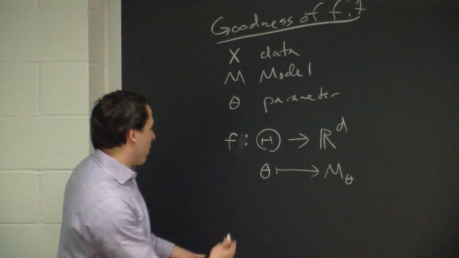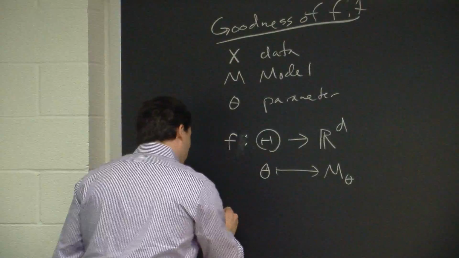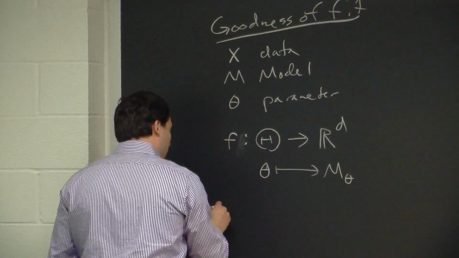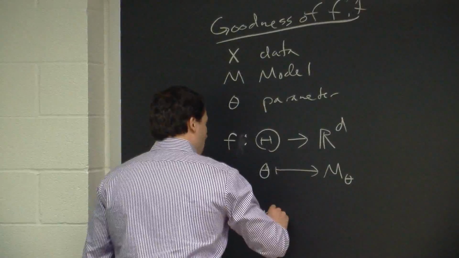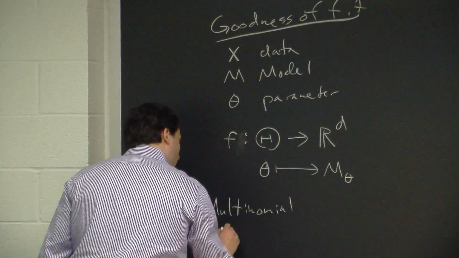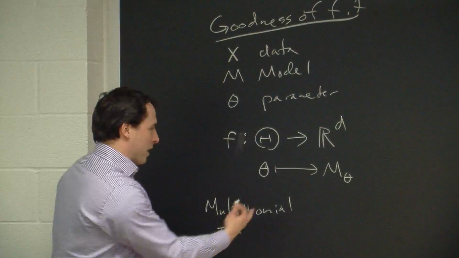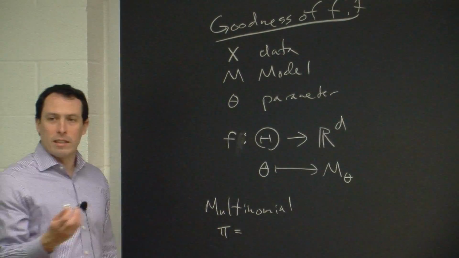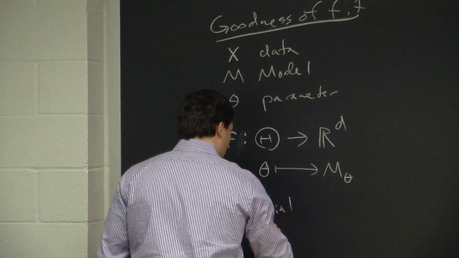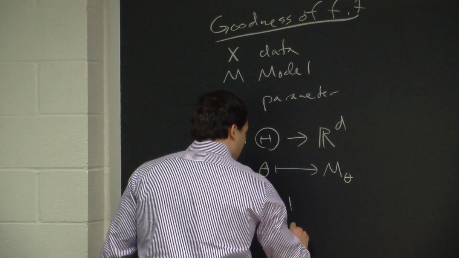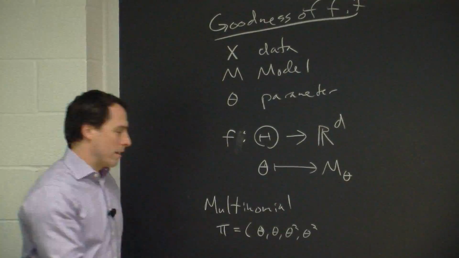And we could have some other example that shows what's going on, where suppose I have a multinomial distribution where I have a vector of probabilities, but that vector is restricted and depends on a smaller number of variables. So like, maybe it's theta squared, or something like that, right?